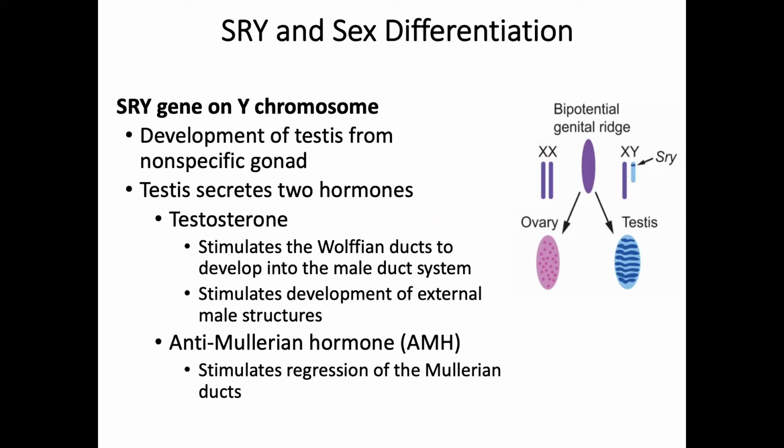And the AMH stimulates regression of the Mullerian ducts and prevents the development of a female reproductive system. So it drives the testes, but in the meantime, it will prevent the ovary development.